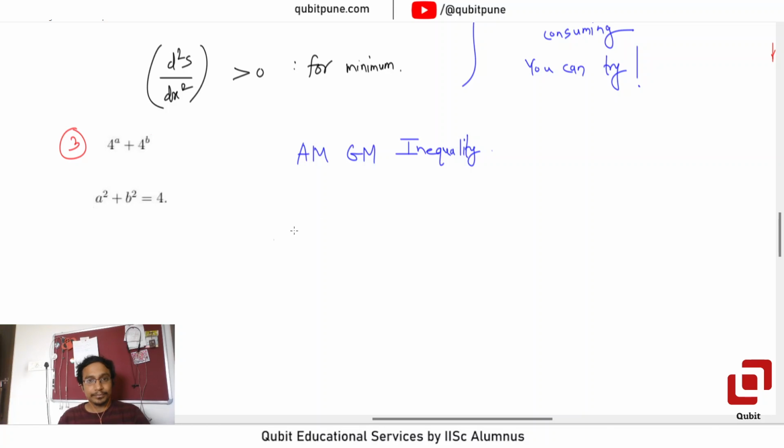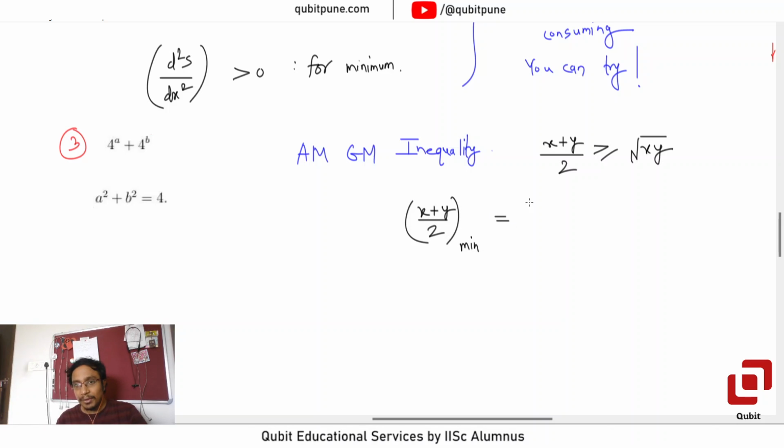Look, the AM-GM inequality says (x plus y) by 2 is greater than or equal to root xy, which also means that (x plus y) by 2 has minimum value root xy when x equals y, both being positive.